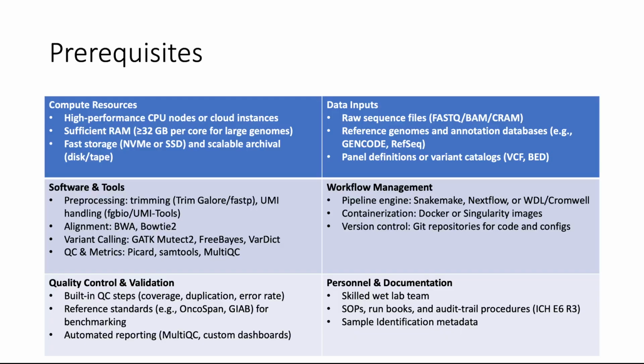I will talk about general tools which are publicly available, and how they could be applied in this pipeline. So I will name all of them later. We'll need to have some tools for preprocessing, trimming and UMI handling.